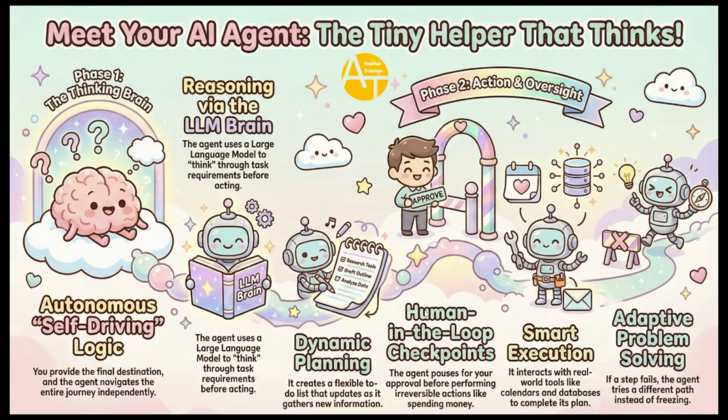The agent proposes a plan for approval before performing irreversible actions, for example, spending money or executing an automated share market trade. Then once the approval is provided, the agent goes ahead and executes the plan. It interacts with real world tools like calendars, databases, SAP systems like S/4HANA, and then it finally completes the plan. And then it presents to you a plan summary, what it has executed with the final results.